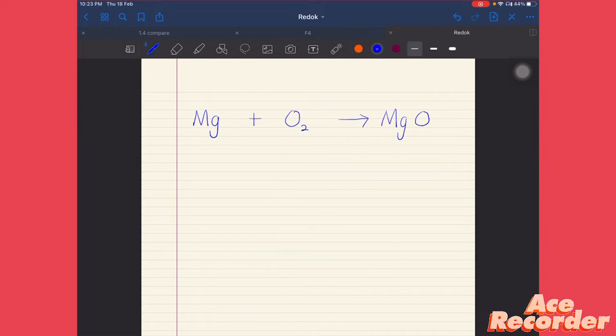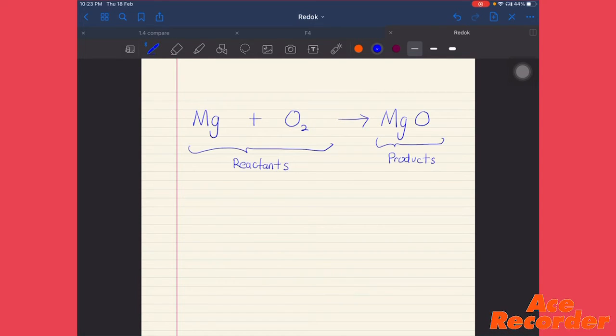Before the arrow, we call it the reactant, and after the arrow, we call it the product. Remember, the number of atoms of reactants and products must always be the same. I repeat, the total number of reactant atoms must equal the total number of product atoms.